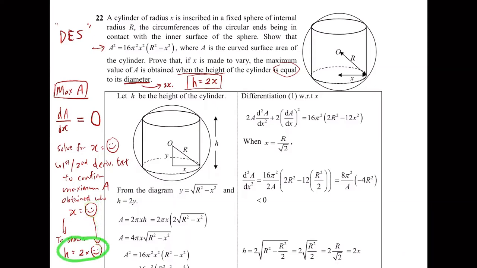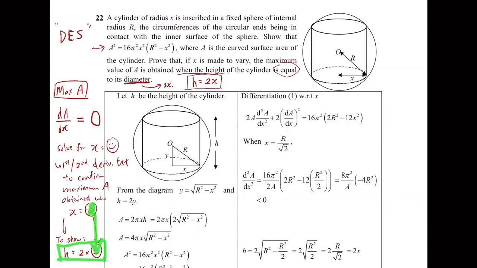But then there's a problem. Why would h be related to x? We don't know anything about the relationship between h and x, right? So that's why at the very beginning of the question, they already went through this thought process and realized, oh, I need to have a relationship between h and x, and then later I substitute in x with the happy face value.